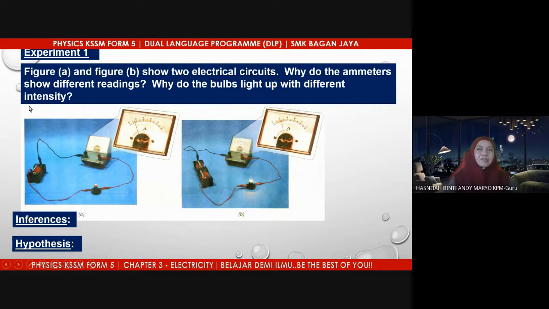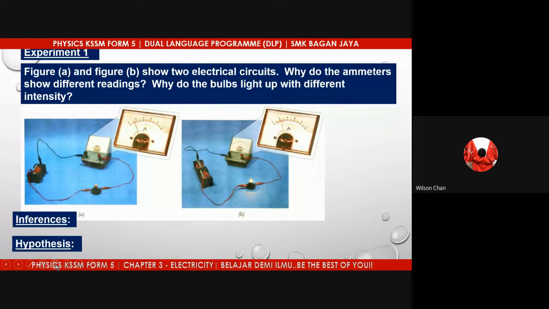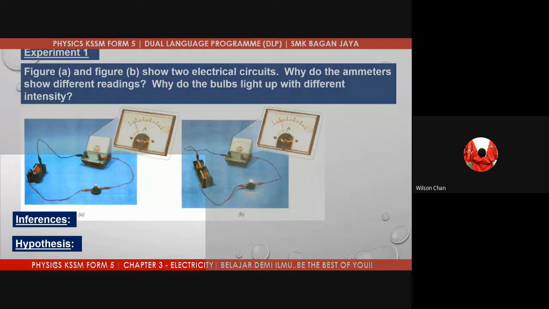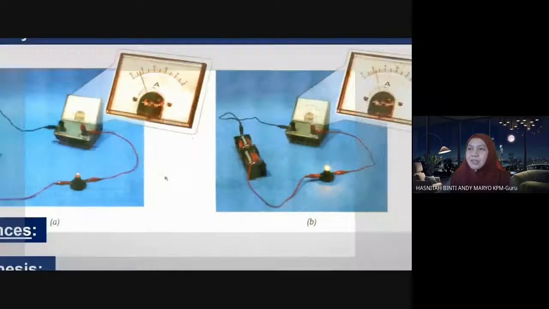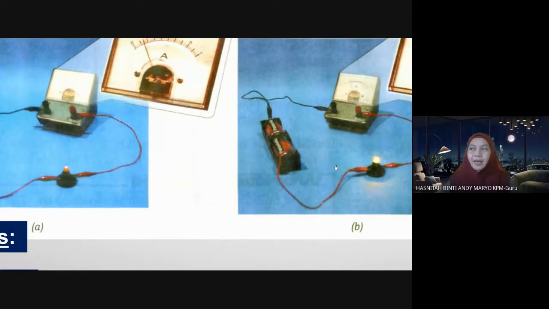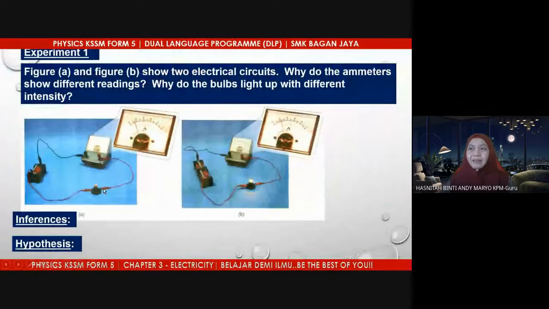This is our first experiment to understand the relationship between V, I, and R. Can you spot the difference between figure A and figure B, students? What is the difference? The bulb is brighter in B. Yes, the first difference you can see is the brightness of the bulb. The bulb in figure B is brighter, and the bulb in figure A is dimmer. Okay, another difference you can see.